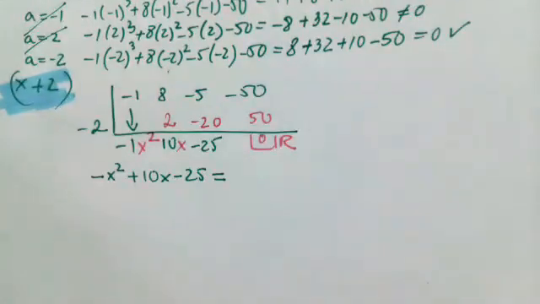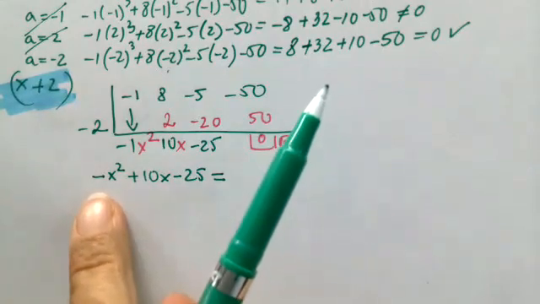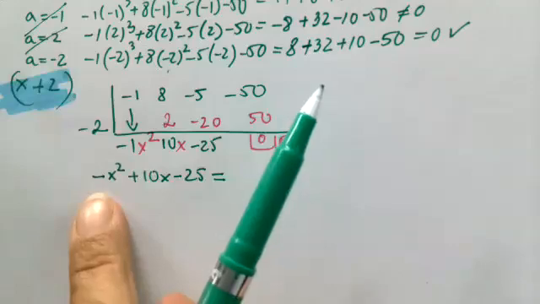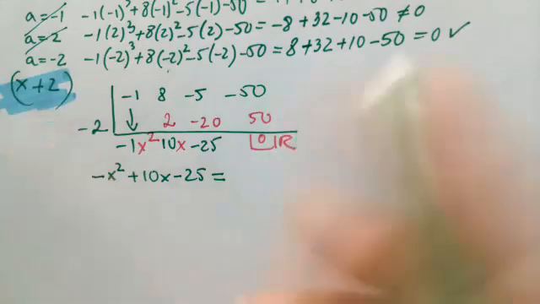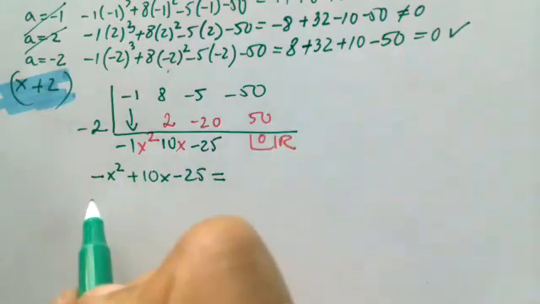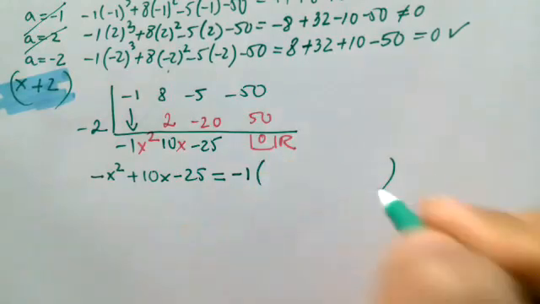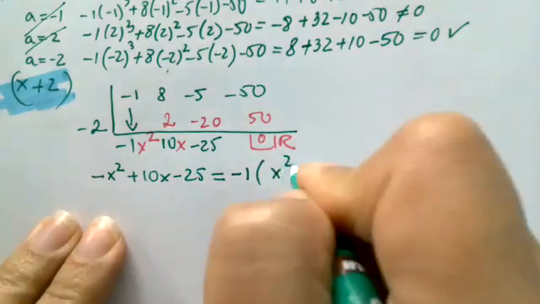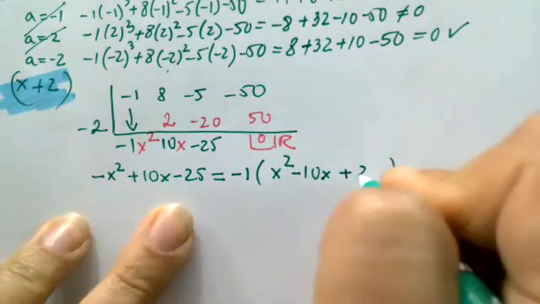You can definitely factor this one with a negative 1 in front using the longer version I showed at the beginning of class. Here's an easier way, the one that I always use: I factor out the negative first. If I put negative 1 in front, I end up with x squared minus 10x plus 25 in the bracket.